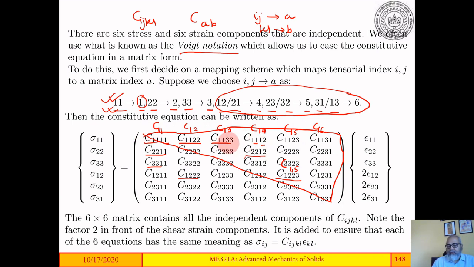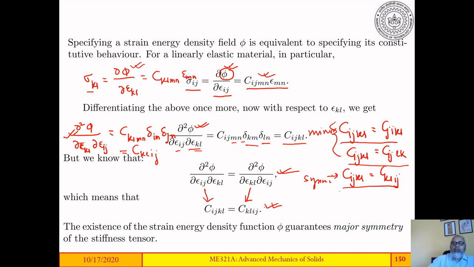So we should have now how many? We have 36 because of minor symmetries, and now we have 18 plus 3, which is 21. So even without considering the nature of the material at all, we can show that minor symmetries and major symmetries bring down the number of independent constants in the generalized Hooke's law from 81 to 21.